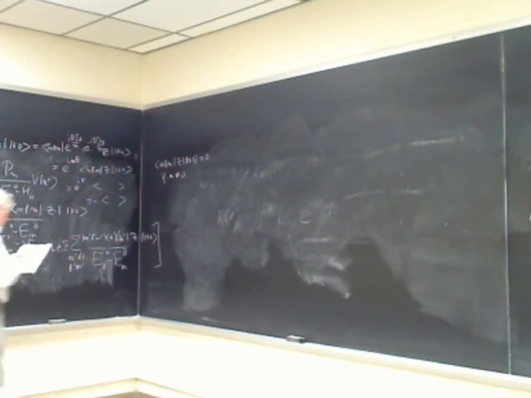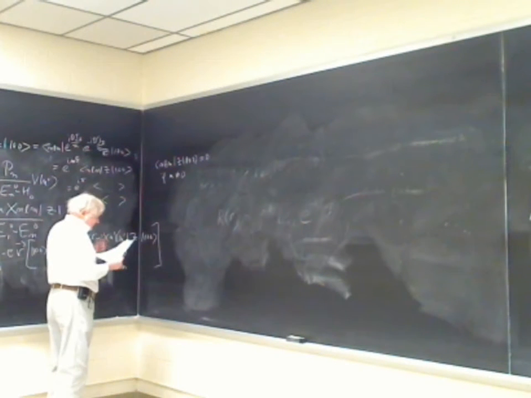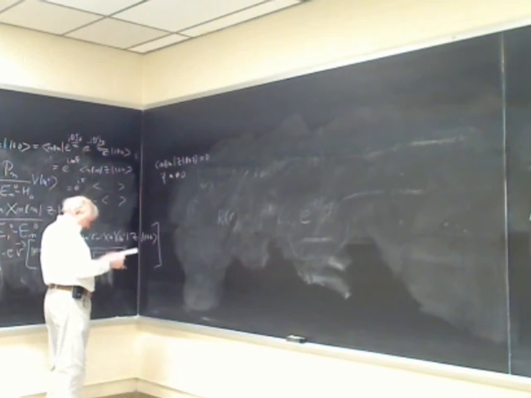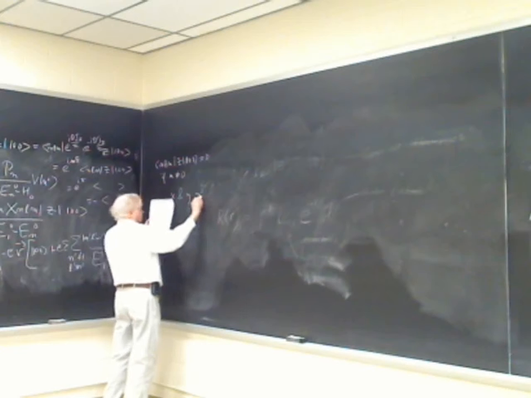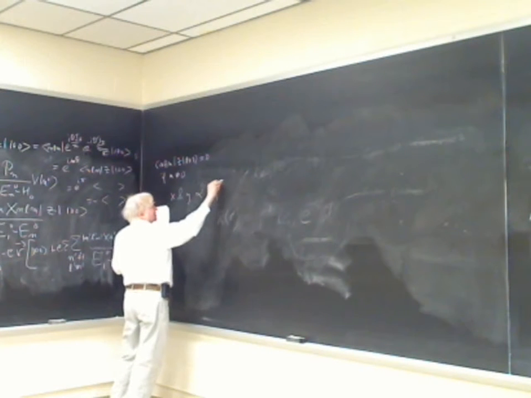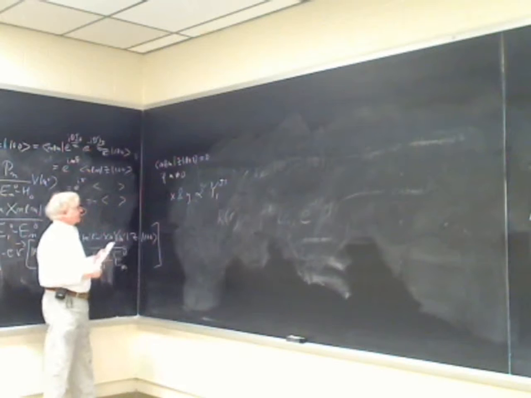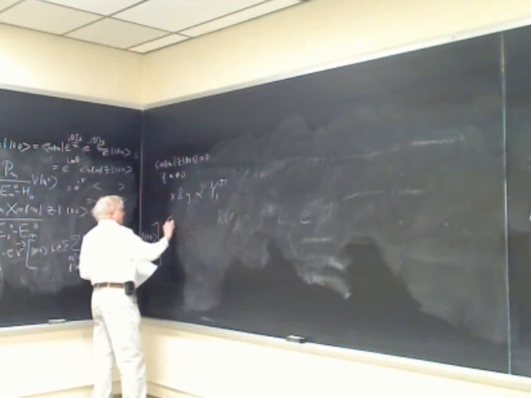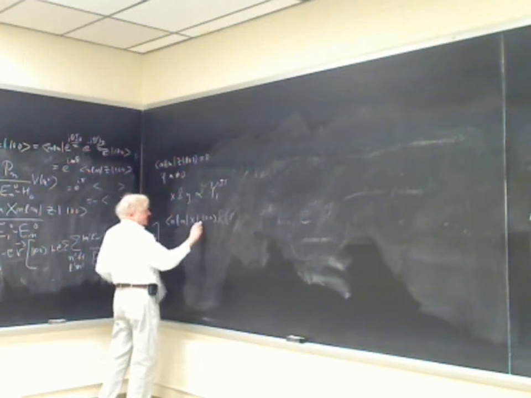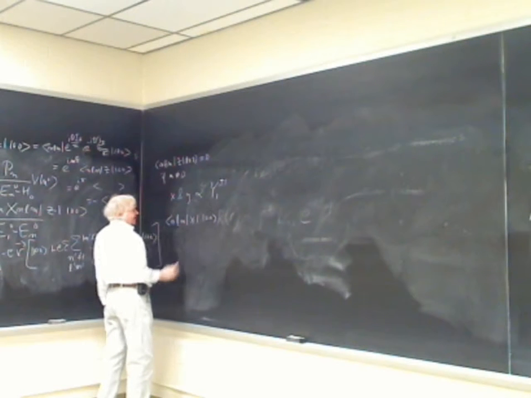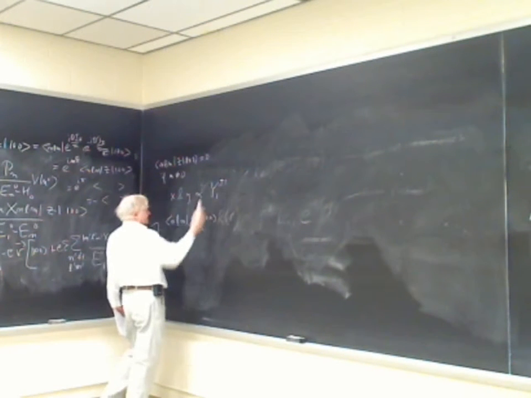Now, what about x and y? Well, let me give you the other way of looking at x and y. x and y are proportional to linear combinations of Y_1 plus or minus 1. So if you have something like <nlm| x |100>, this is spherically symmetric, so this whole thing is proportional to Y_1 plus or minus 1.